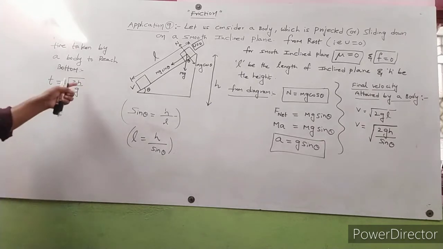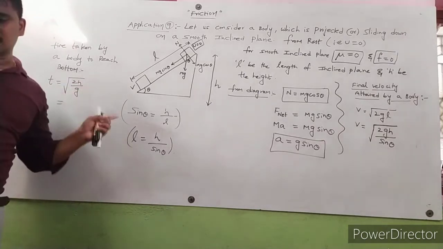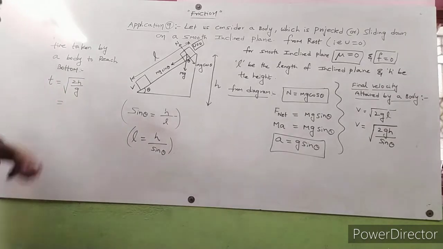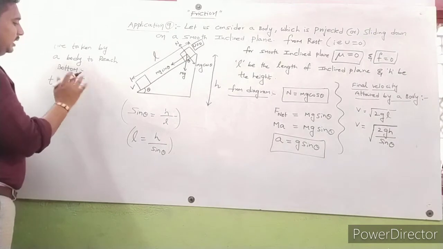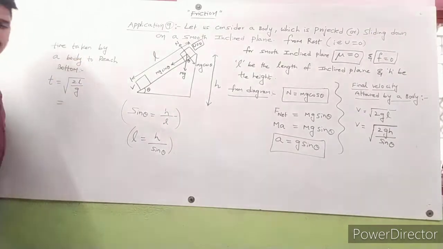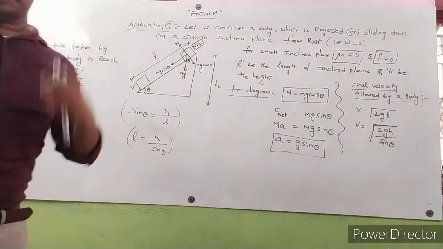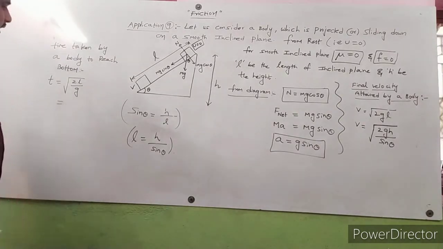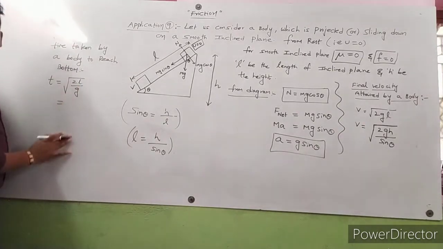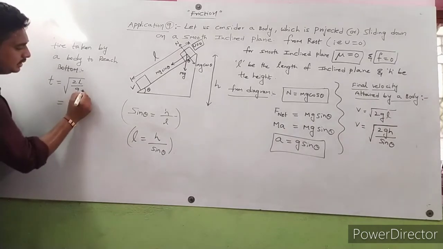At that, h is equal to L, and what we got here is 2L by g sin theta.